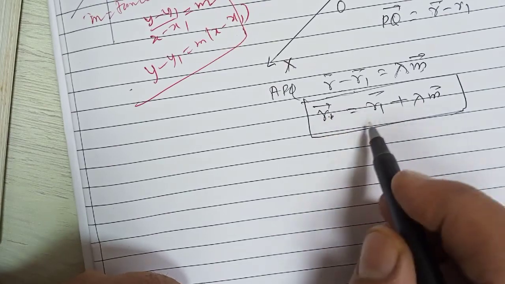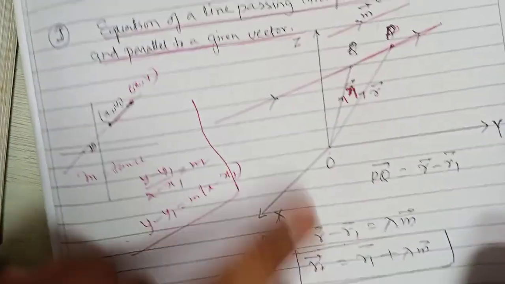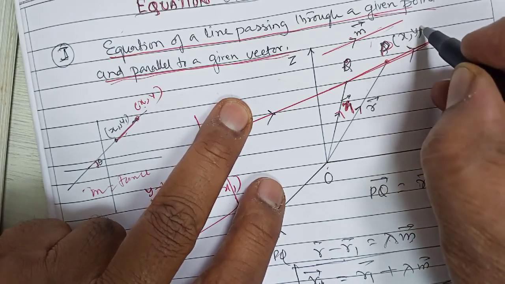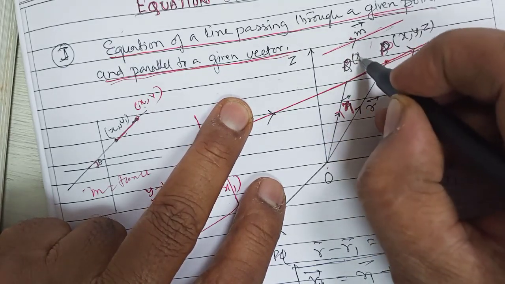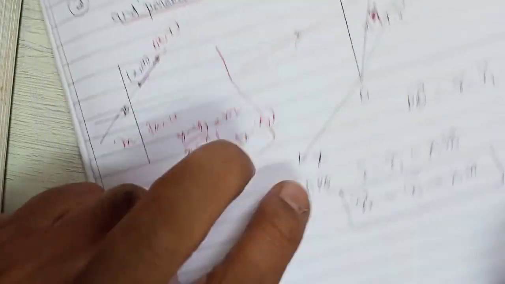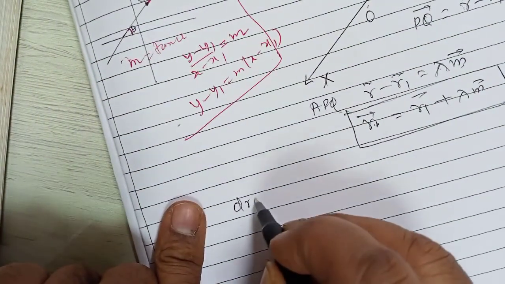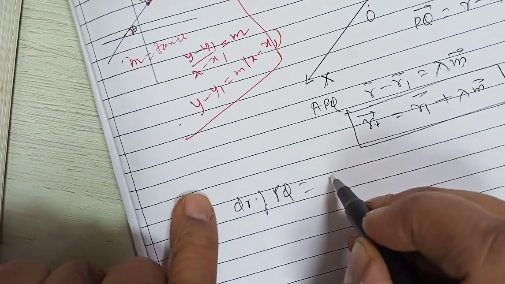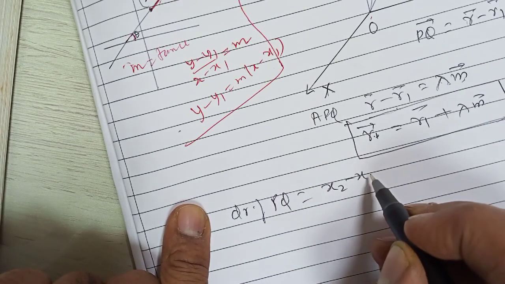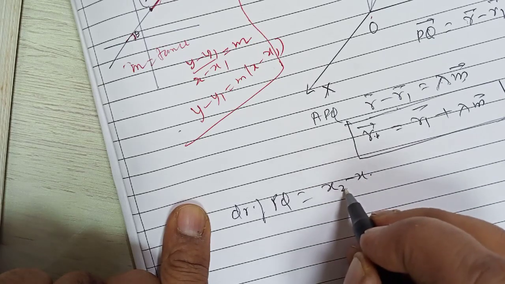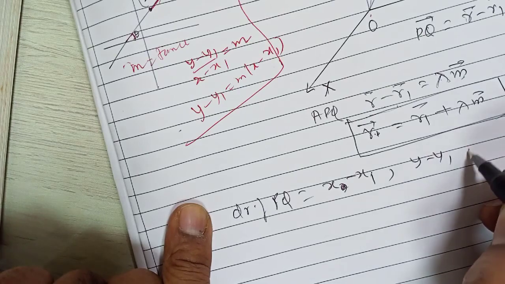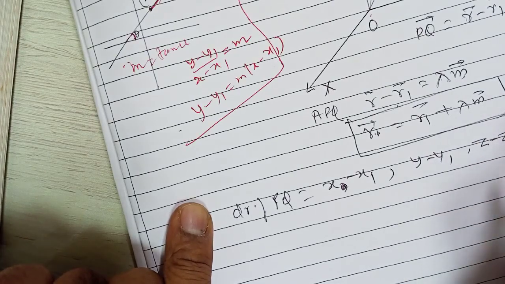We can write this same equation in the Cartesian form also. Let the general point be x, y, z, and the given point x1, y1, z1. Then DR of PQ will be x minus x1, y minus y1, z minus z1.